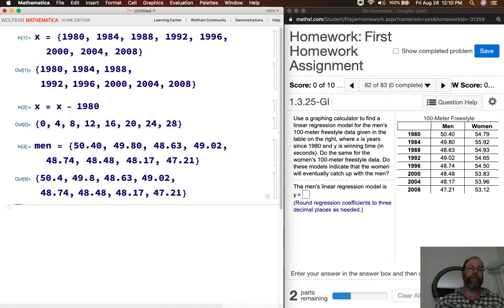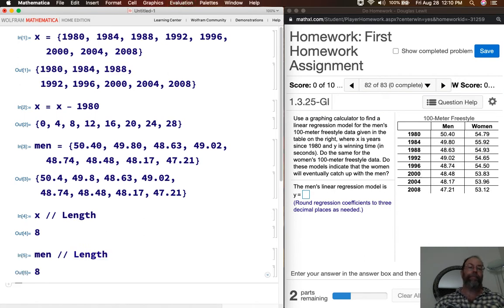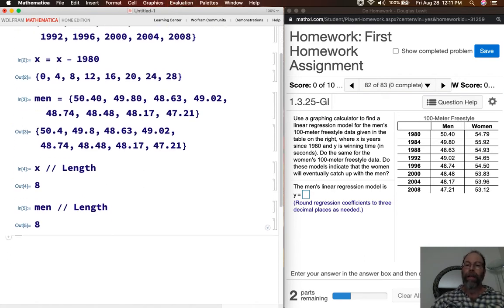Okay, that looks good. I have to make sure that my X and Y lists, well, in this case, I'm calling Y the men scores, but it's the same idea. I have to make sure that they have equal length. What is the length of X? I have 8 scores in my X list, and I should have 8 scores in my men list. They better be equal, right?